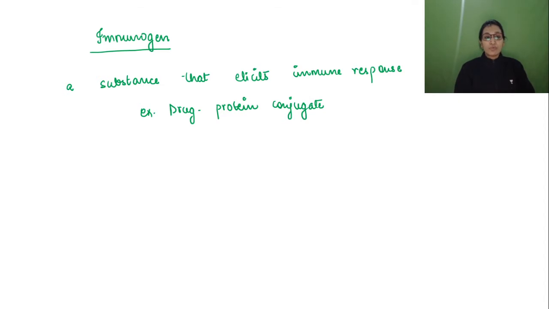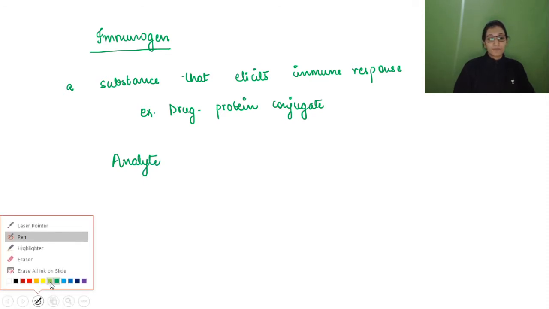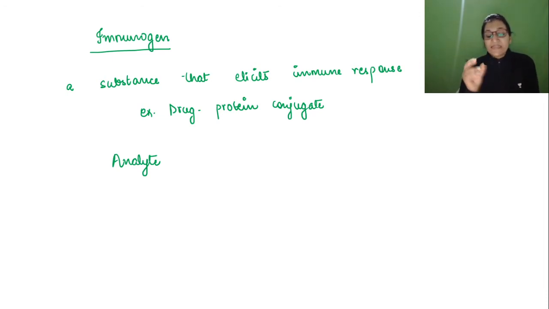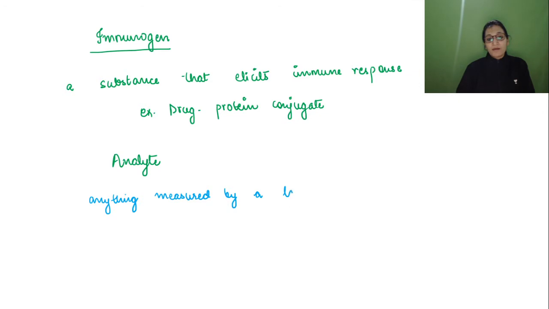After that, we need to know what an analyte is. So an analyte is anything which is measured by a laboratory test. In immunoassay testing, the analyte may be either an antibody or an antigen.